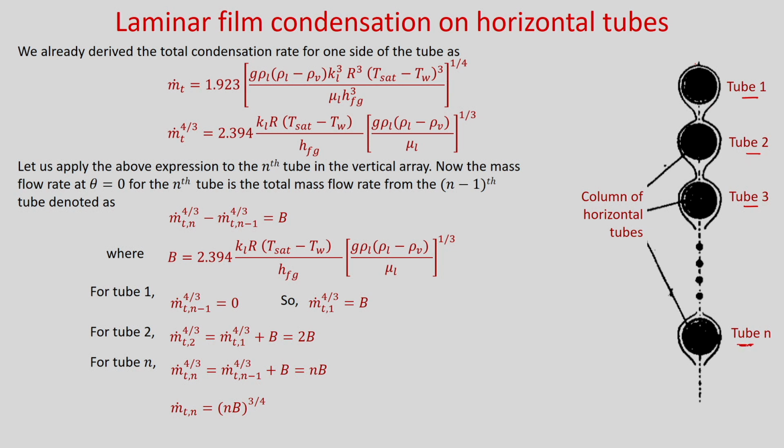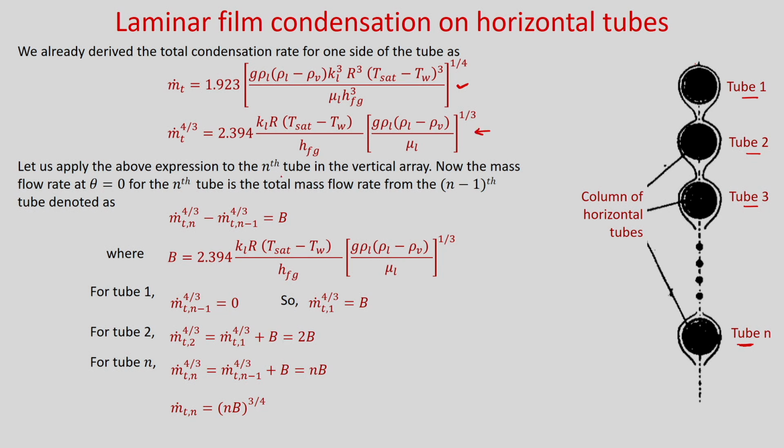Similarly, when you consider tube n, some mass flow rate will come, whatever is collected from the previous tubes. Okay. So, we do this analysis in this way. We have already calculated the total condensation rate for a single tube, and if you write it in terms of m dot t to the power 4 by 3 and rearrange it, you will get this expression.